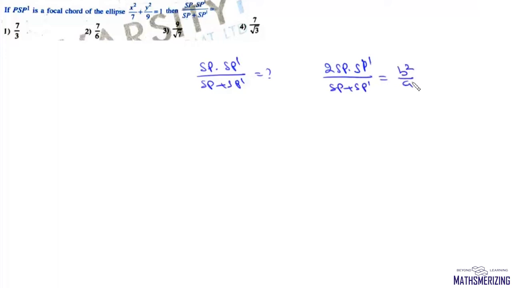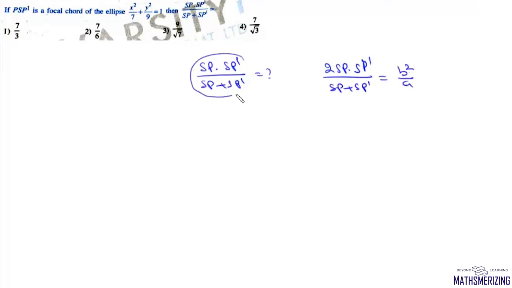Now here the question is, if PSP dash is a focal chord of this ellipse, then SP into SP dash upon SP plus SP dash is what? We know that the harmonic mean of focal segments is equal to the semi-latus rectum. So it means 2 SP into SP dash upon SP plus SP dash is equal to b square upon a.